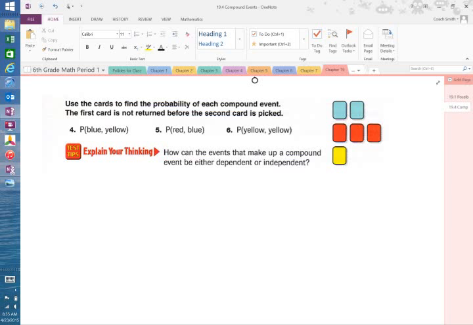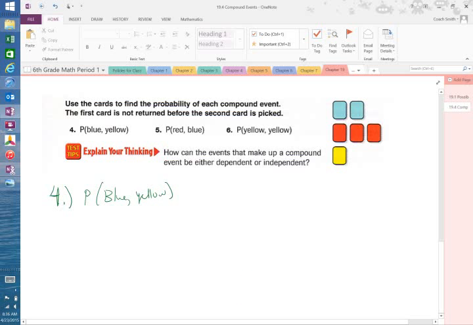in number 4, they want the probability that you're going to pick a blue card. Okay? They're assuming that that happens. And you take the card out and you leave it out. Okay? The formula is still the same. It's just a little different with your numbers. So, for number 4 then, you take the probability of blue and then yellow.